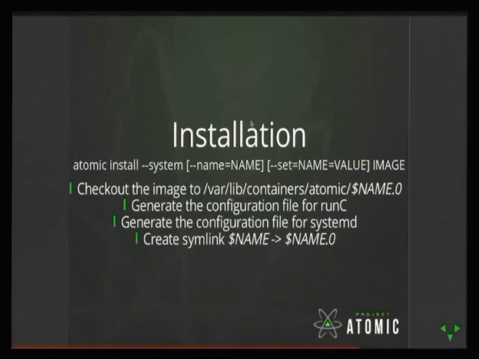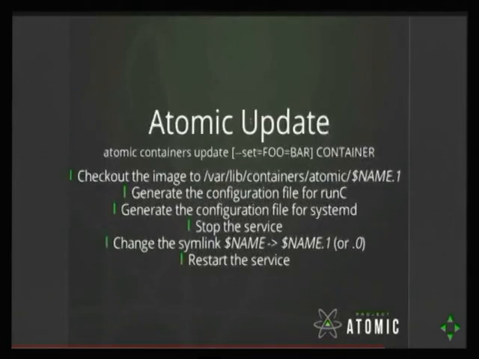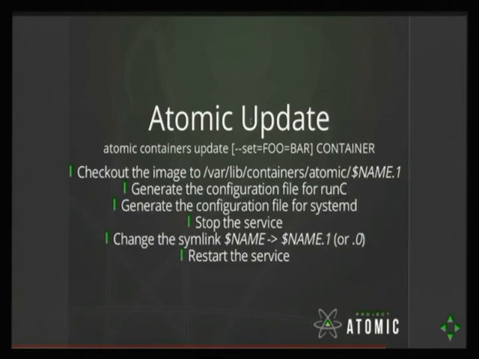But then once we generate all the configuration files and we check out all the files, we create a symlink to this directory. This is very helpful for another feature that is atomic updates. We support updating a system container in the same way, well, similarly to what Atomic Host does.